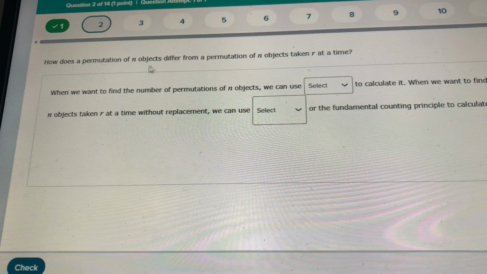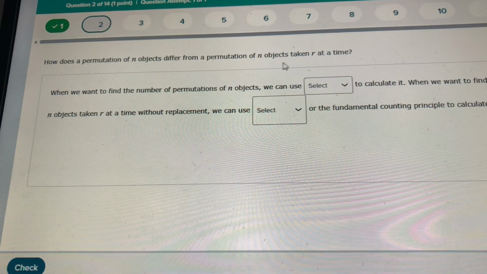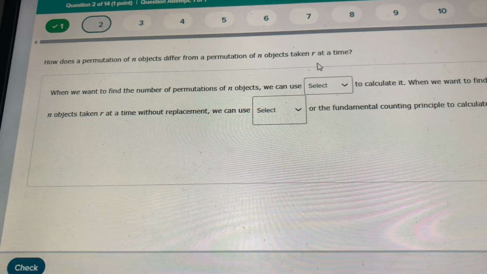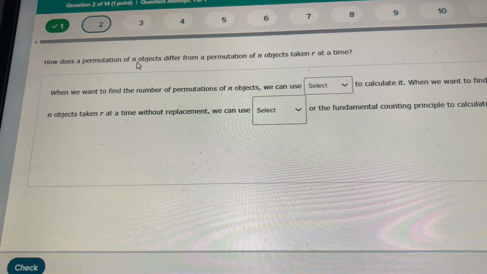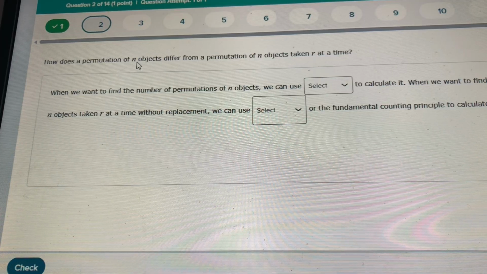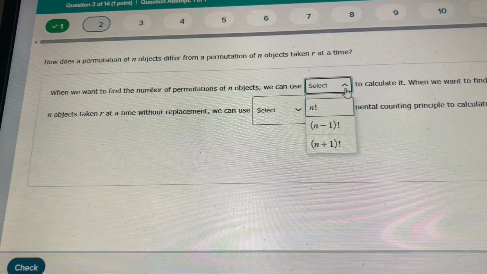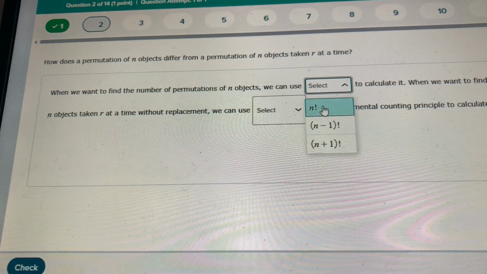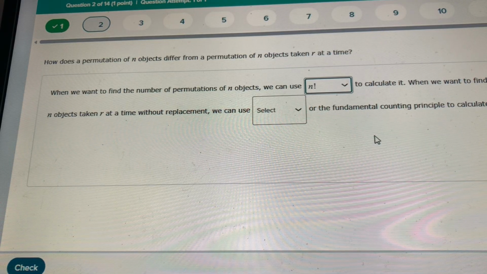How does a permutation of N objects differ from a permutation of N objects taken R at a time? I guess a permutation of N objects means you're going to choose all of them. You can have 10 people in a club, and I can have them all do 10 different jobs if I want to. So if we want to find the number of permutations of N objects, we use all N of them, and there's a calculation called a factorial for that.